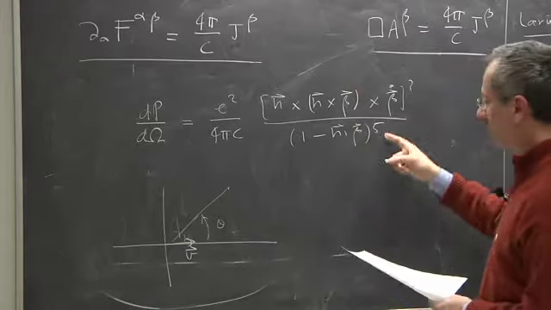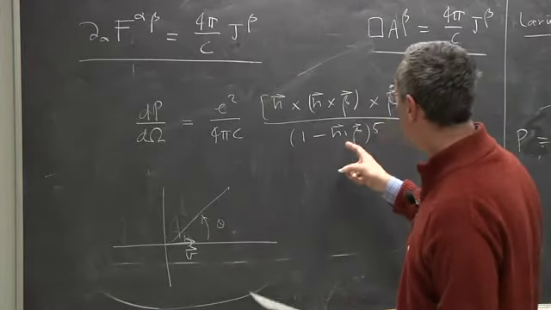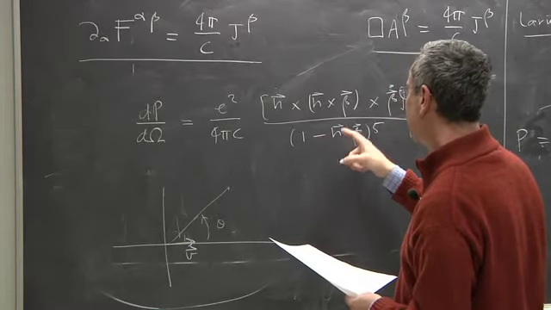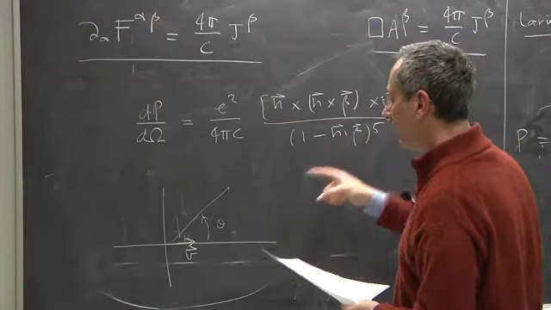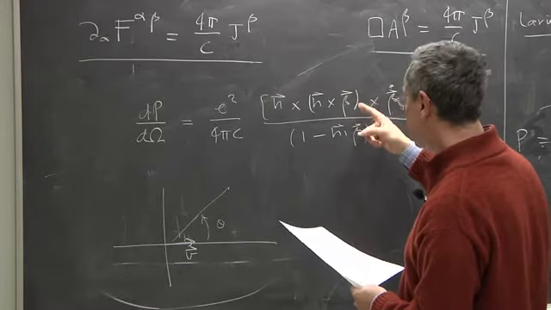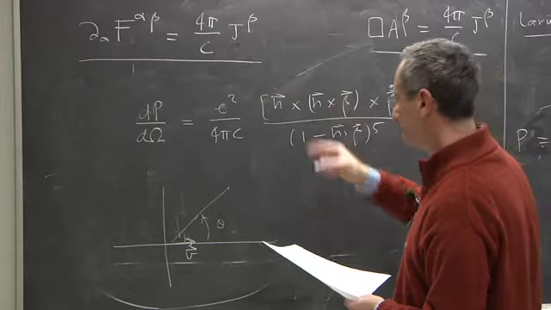So what is interesting is that if you introduce this angle, you see that you have here 1 minus beta cosine of theta, right? And upstairs you get the sine theta square, right, because of this.